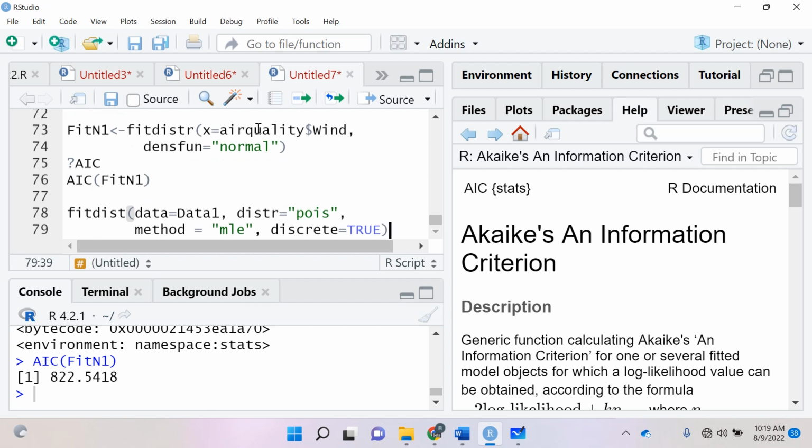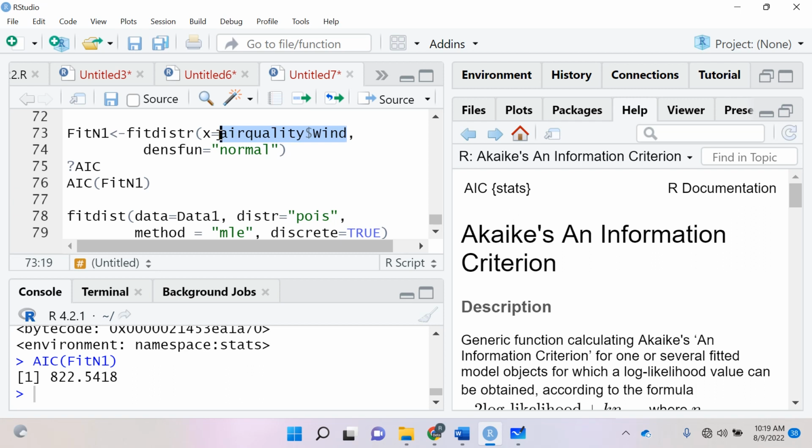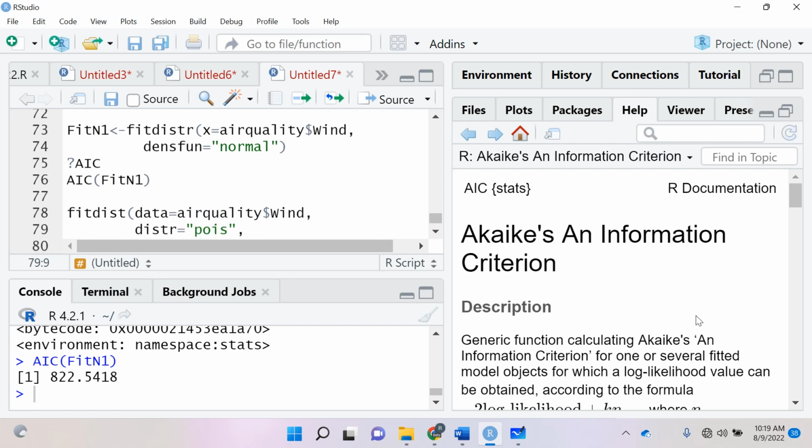So here data will be air quality. The distribution is no more Poisson.